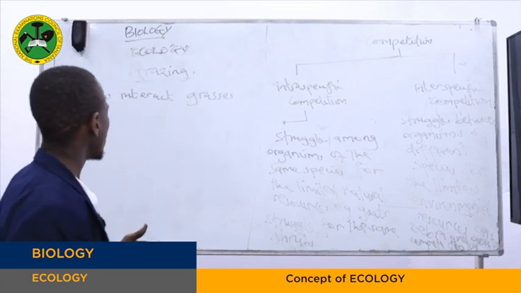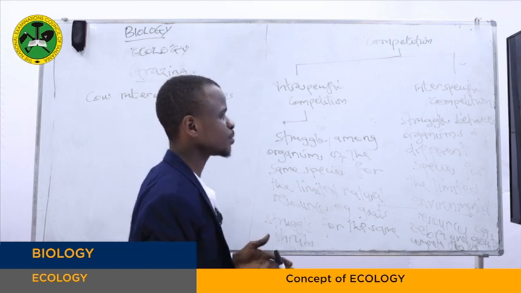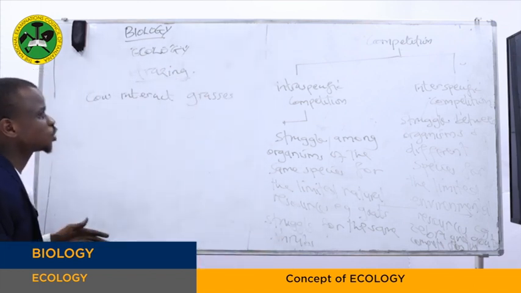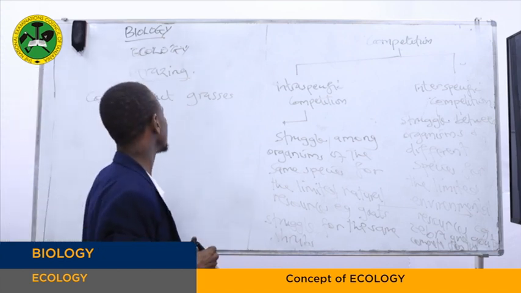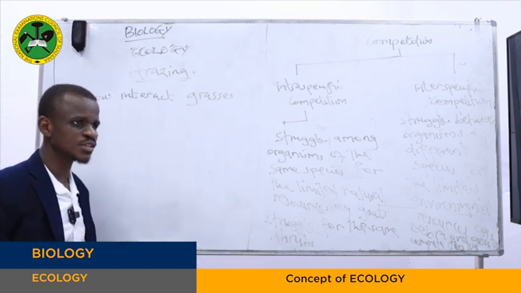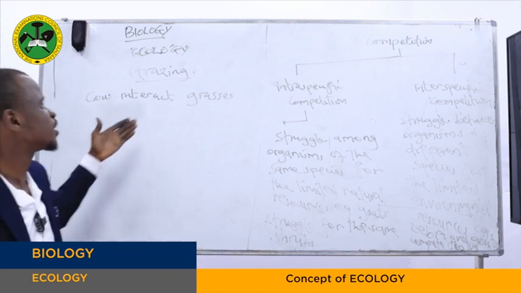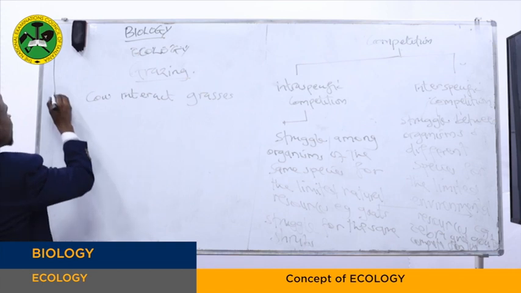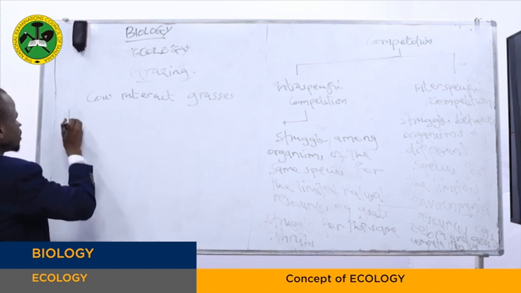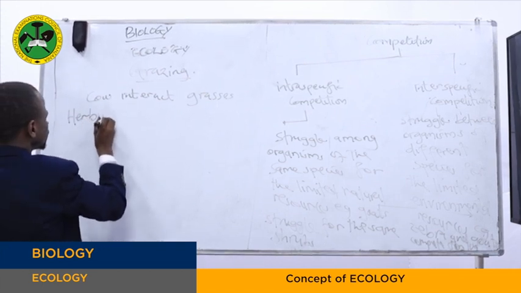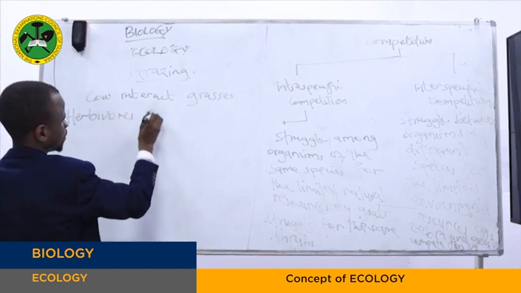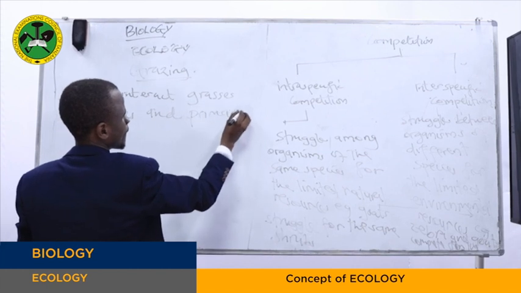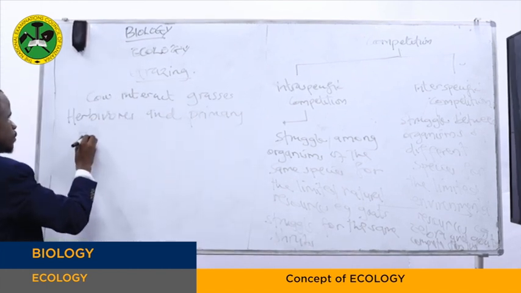Therefore, this is how organisms interact with the producers, that is grazing, to ensure nutrient circulation. Some organisms feed directly on grasses, on producers, especially herbivores. Therefore, here we talk about the interaction between herbivores and the primary producers.